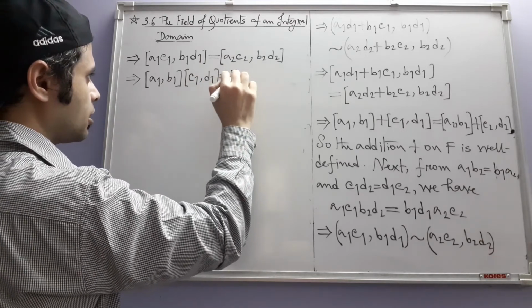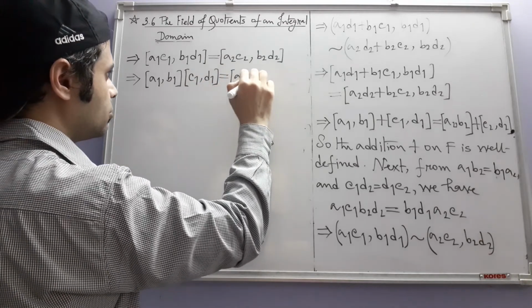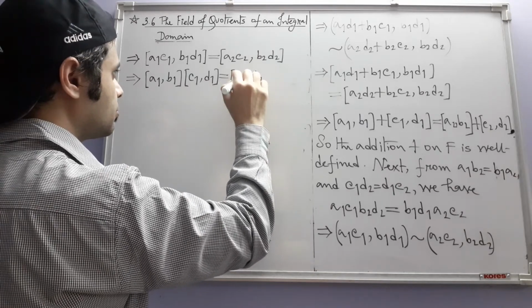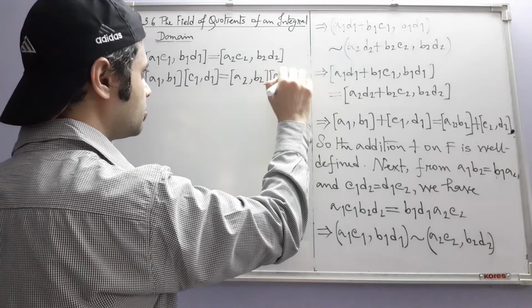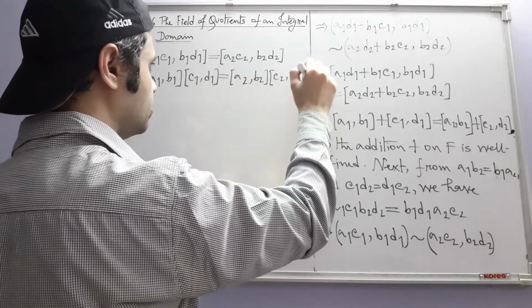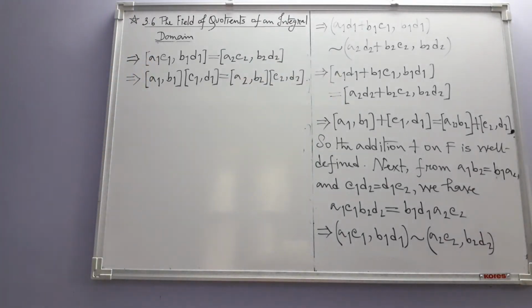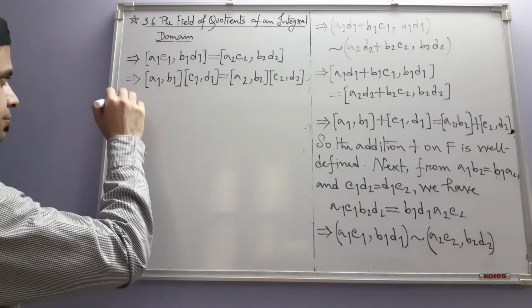Like that, this is the product of a2 comma b2 and c2 comma d2. So multiplication is also well defined.